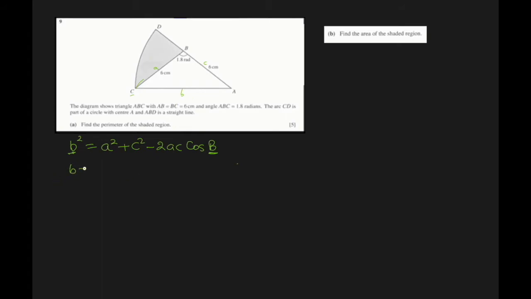So that means b will be the square root of a square plus c square minus 2ac cos B. And I will put the whole thing together in my calculator by first substituting a is 6, c is 6, minus 2 times a, c, cos, and B is this 1.8. We will use 1.8 here.